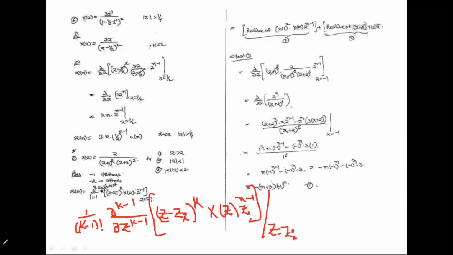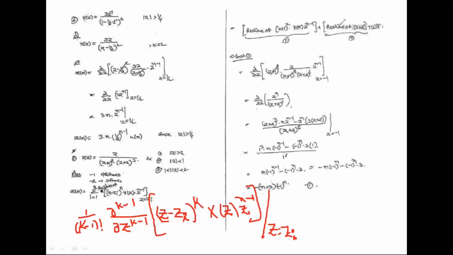Using this relation, you have to find the residue for the given x of z to find x of n. First we have minus 1 with 2 times and minus 2 with 3 times, which means we will get 2 residues.